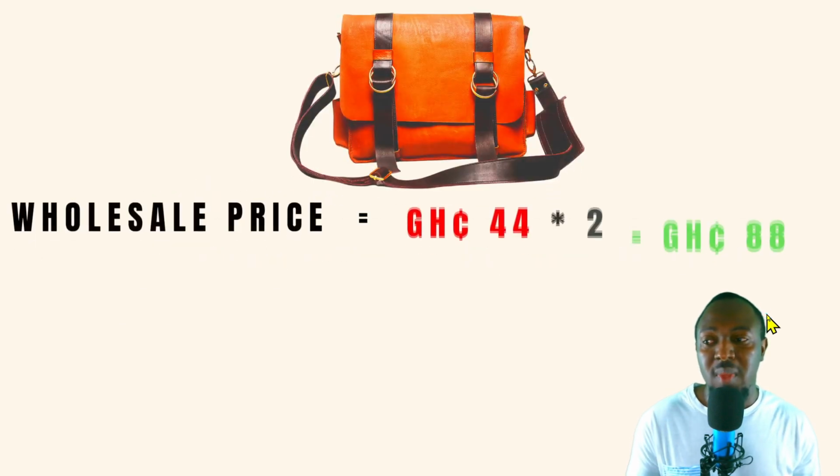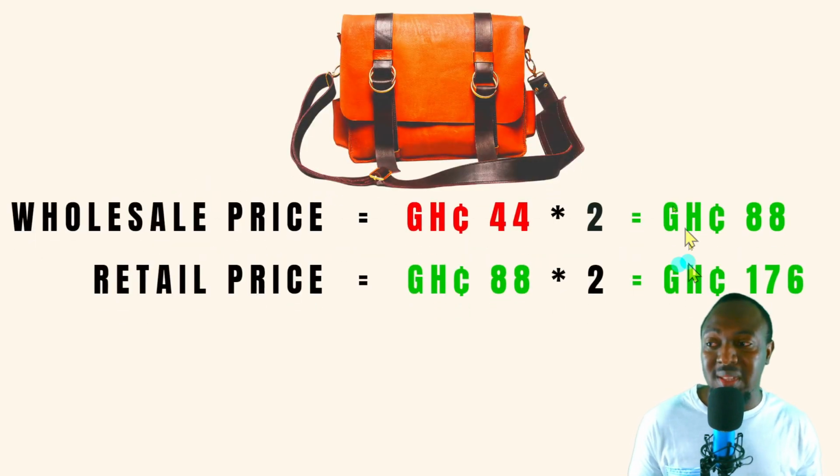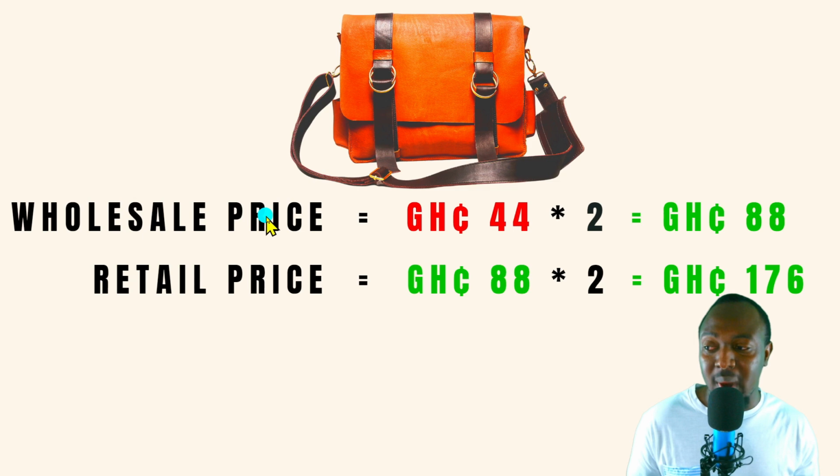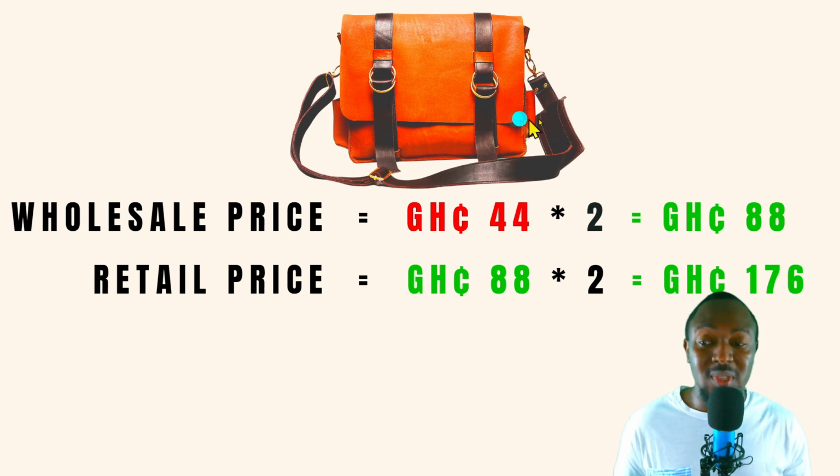Now let's look at a real example. The bag costs you 44 Ghana cedis, so your wholesale price is going to be 44 Ghana cedis times 2, which is 88 Ghana cedis.